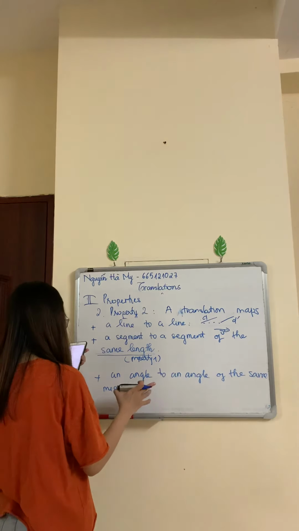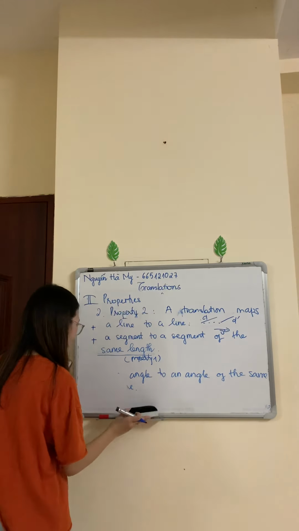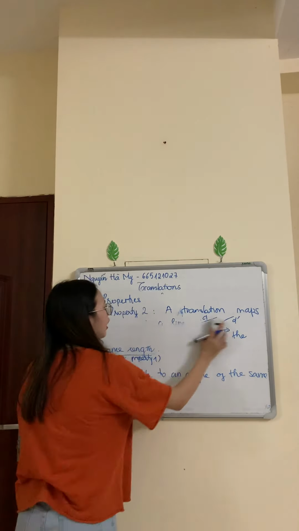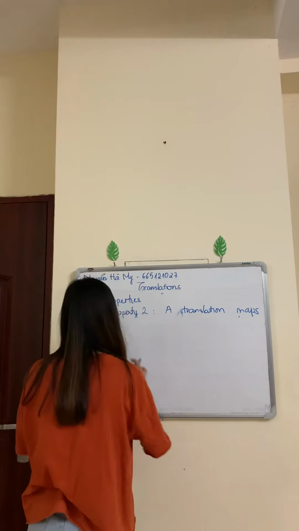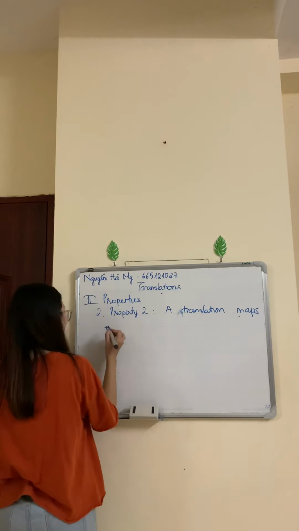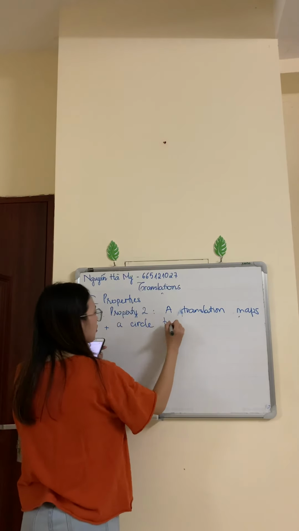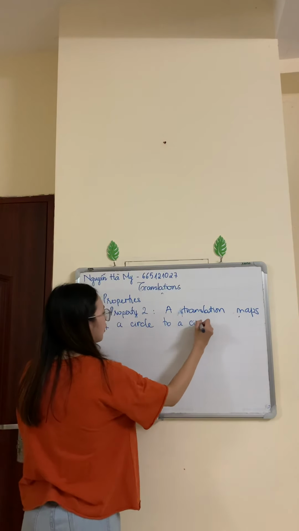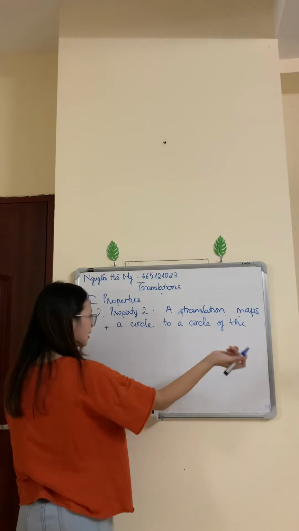And the last one is that a translation maps a circle to a circle of the same radius.